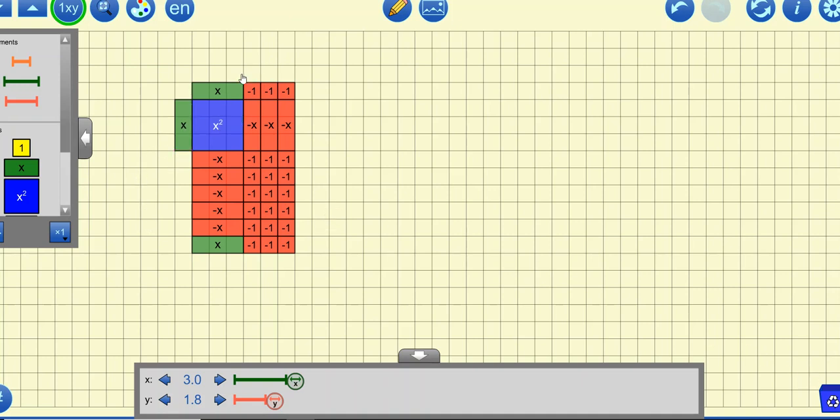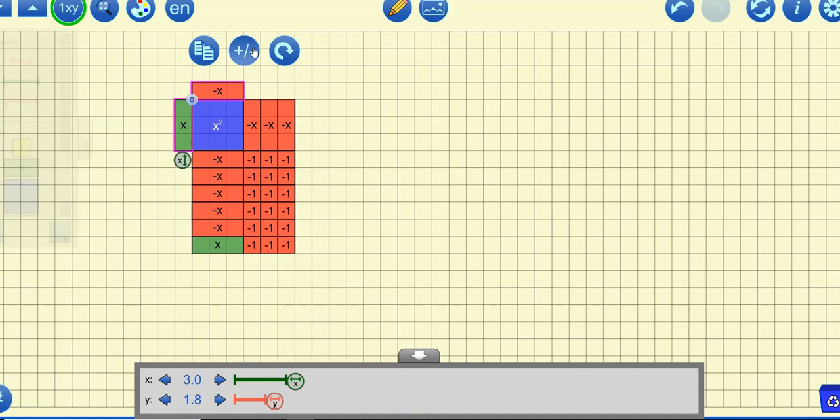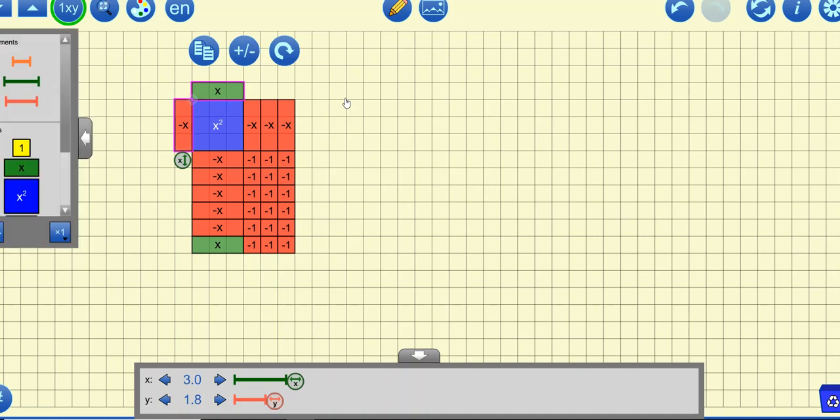So there's probably another option. What if we made these negatives, for instance? Negative x multiplied by negative x does give me positive x squared. Then negative x multiplied by positive 1 would give me negative x.